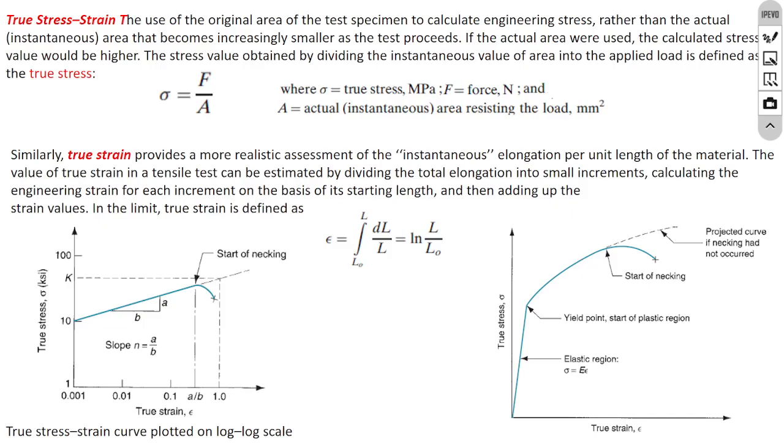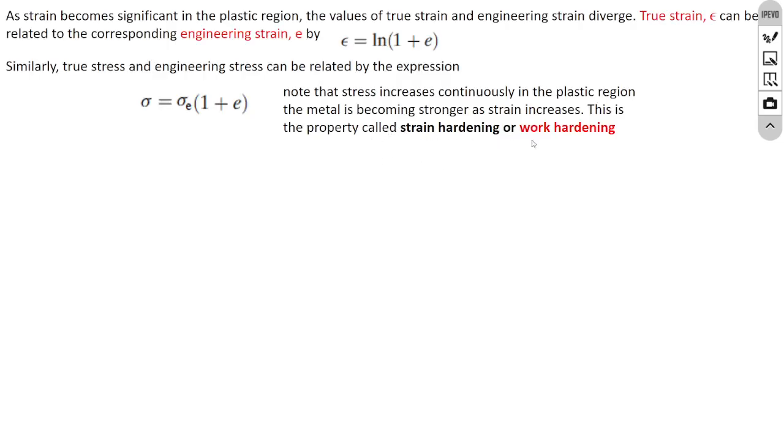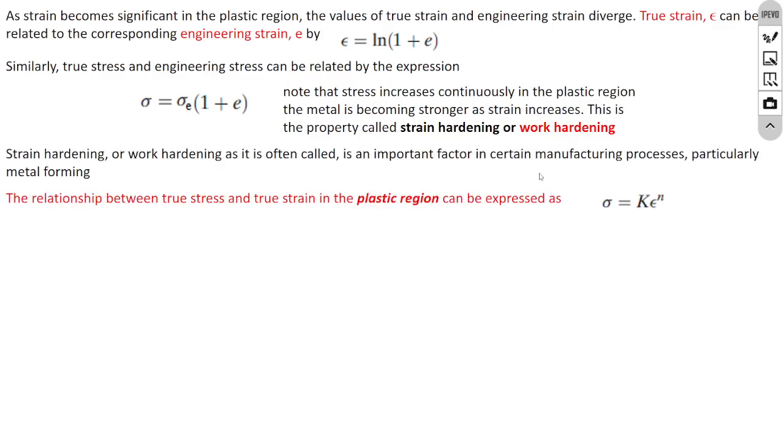To be able to deform the material, it is necessary to apply greater loads. Strain hardening, also called work hardening: in the plastic region, the expression between the true stress and true strain is in this form.